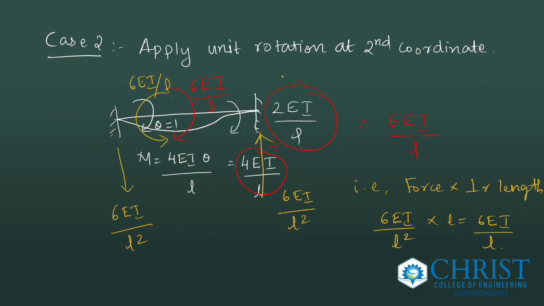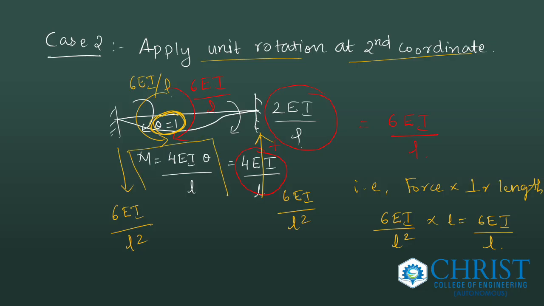Next is apply unit rotation, that is second system coordinate. Unit rotation at second coordinate. So I am interested in applying the second system coordinate as a rotation. A rotation is produced, theta equal to 1. So I have to give displacement as theta equal to 1, that is unit rotation, and find the values. Due to a rotation produced at this end, a moment is induced.